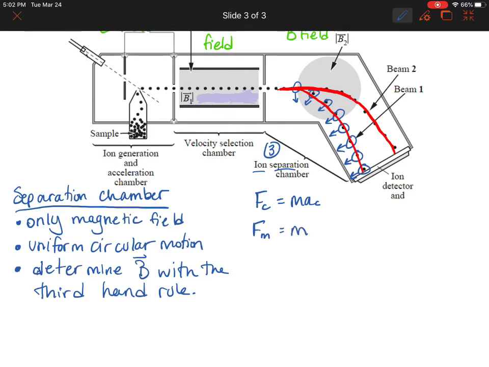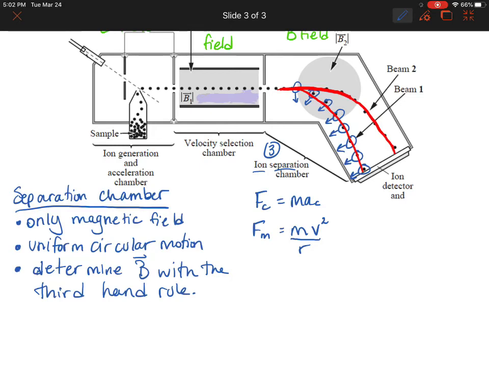If you don't remember from Physics 20, centripetal acceleration is v squared over r, so I'll write the whole m v squared over r. And there we go. That is what our magnetic force is going to equal, our mass times our centripetal acceleration, because our magnetic force is our entire net centripetal force here.